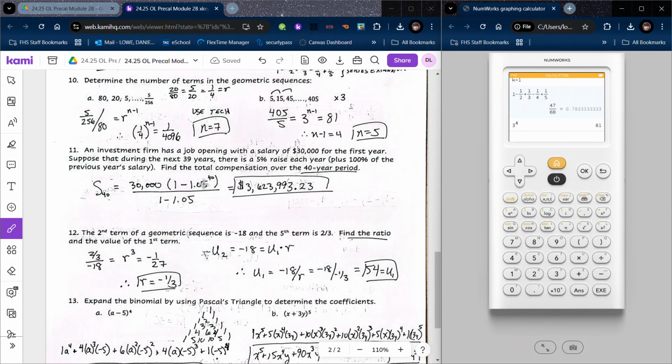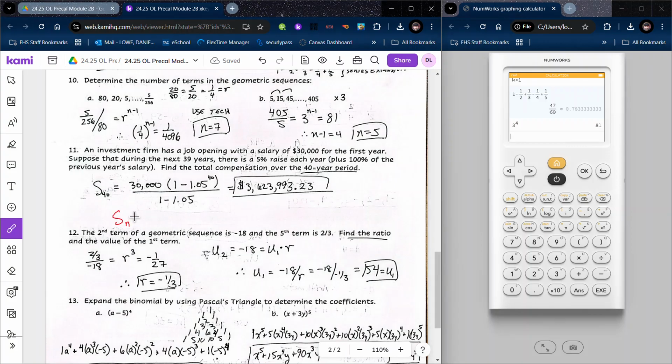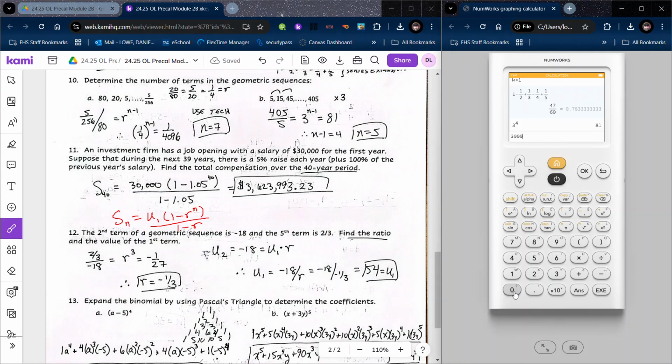So we need to recognize that we have a geometric summation. And once again, that summation is going to be your first term times 1 minus the ratio to the nth power all over 1 minus the ratio. If I do that on my calculator, I've got 30,000.